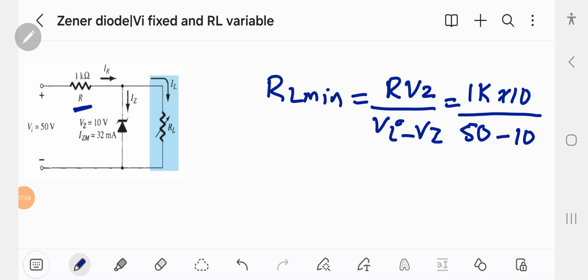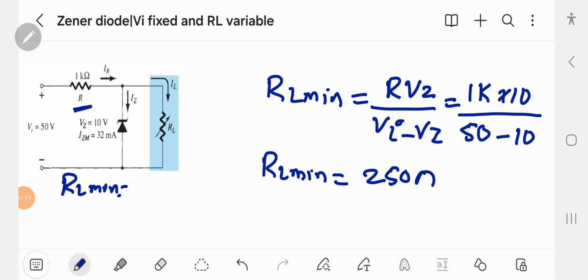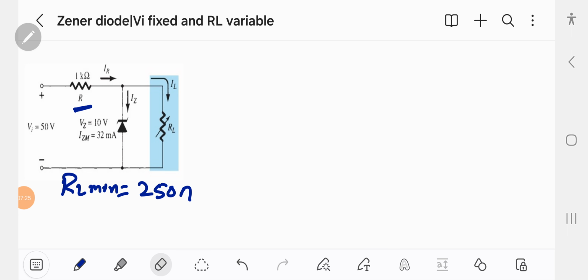So when we solve this, RL minimum is equal to 250 ohm. So the first term we found, RL, is equal to 250 ohm, the RL minimum for which the diode is on.